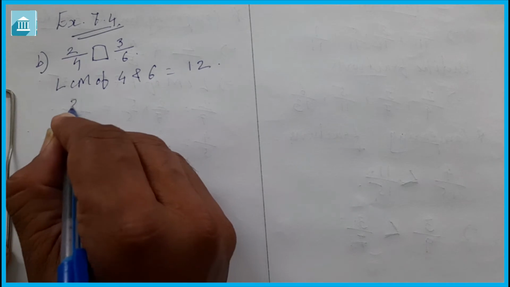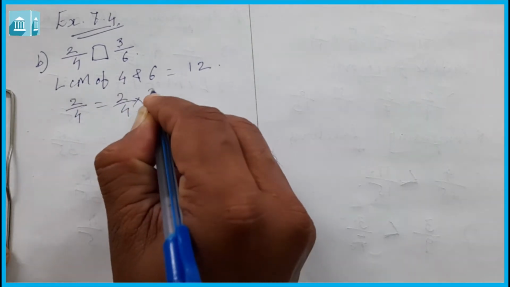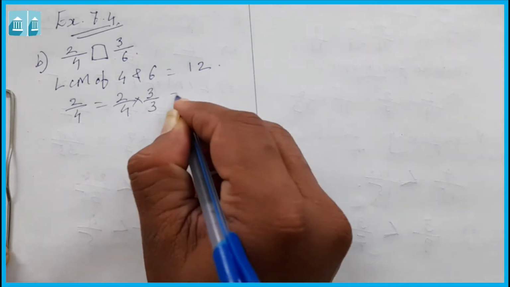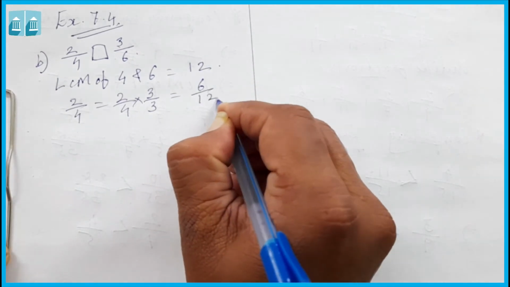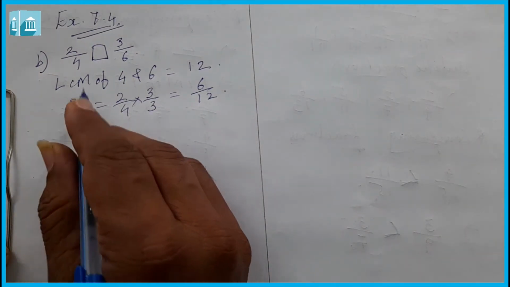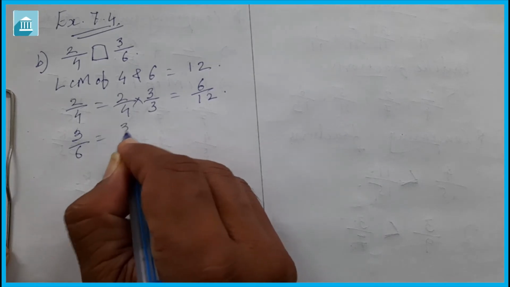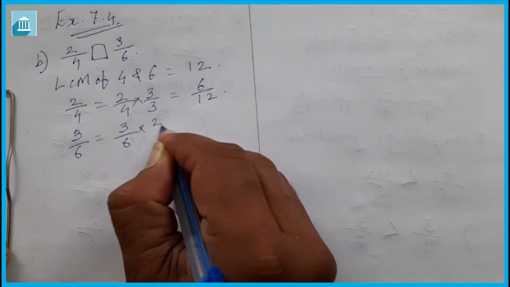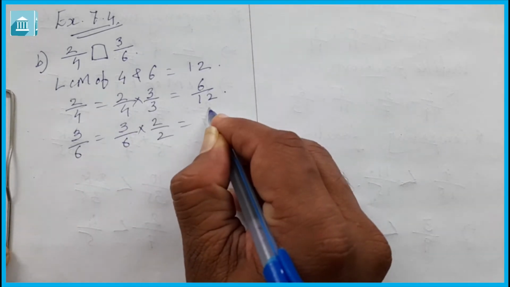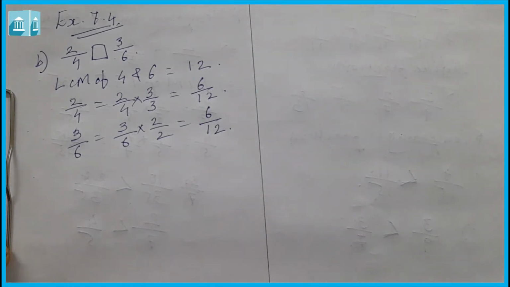So 2 by 4 is equal to 2 by 4 into 3 upon 3, which is equal to 6 upon 12. Then 3 by 6 is equal to 3 by 6 into 2 upon 2, which is again equal to 6 upon 12.